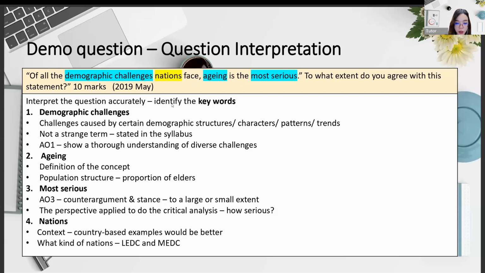If you are able to argue or give examples from these two types of countries, compare their patterns, or share your observations based on what you have put in your essay, bam, your AO2 would be well performed. You can have good marks for that category.